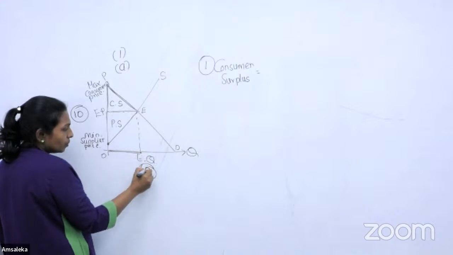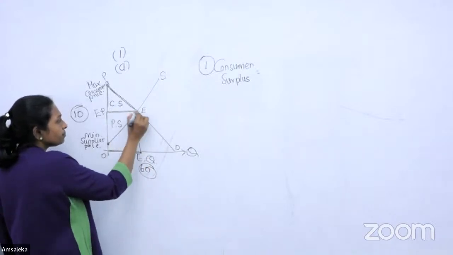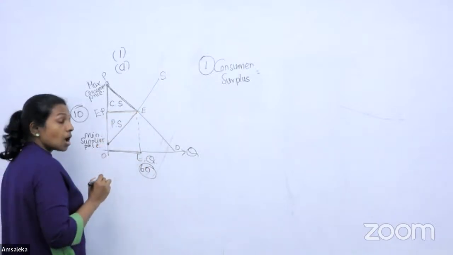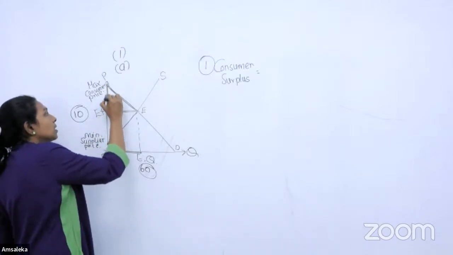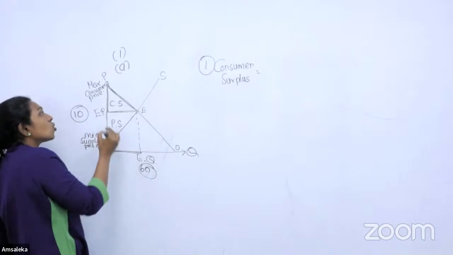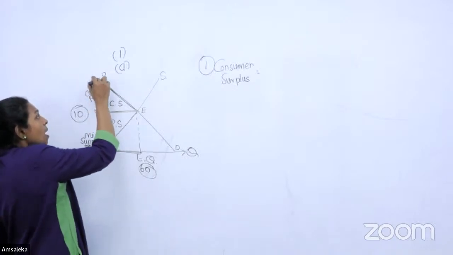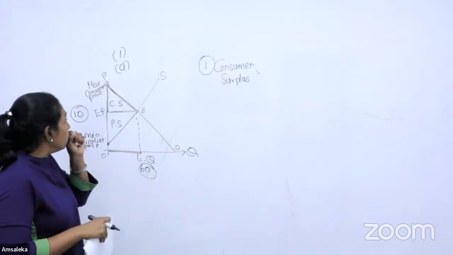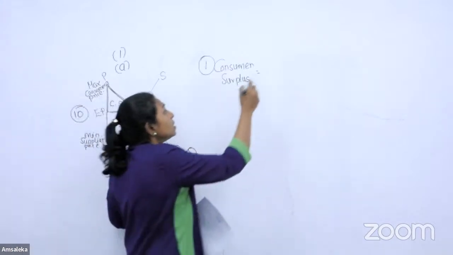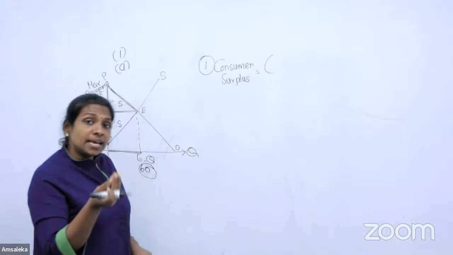So if the equilibrium quantity is 60, this is also 60. Height is the difference between the maximum consumer price minus EP. So half into base into height.